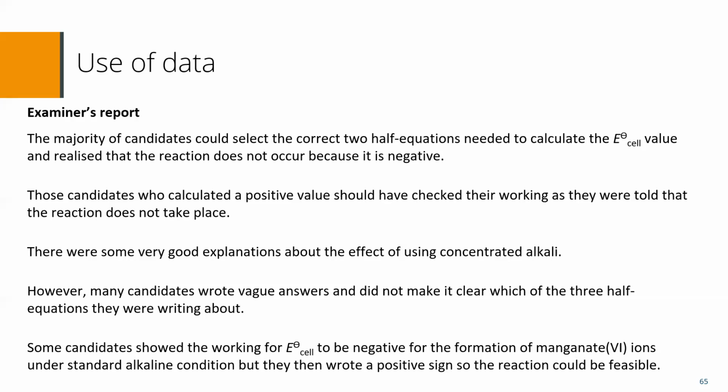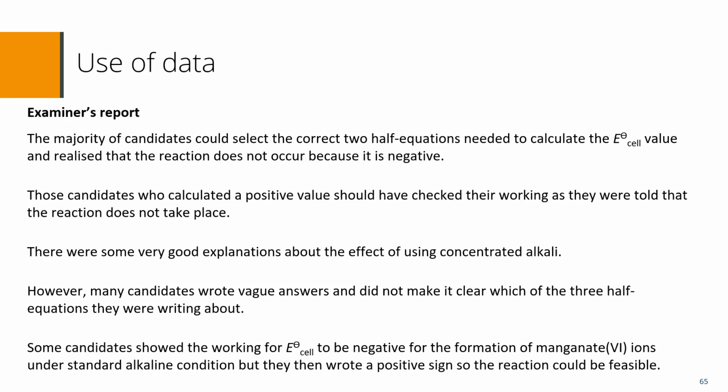Those candidates who calculated the positive value should have checked their working, as they were told that the reaction does not take place. I never understand why students don't do that. Don't go back and say, oh, this obviously must be wrong, so I'll go back and check it. There were some very good explanations about the effect of using concentrated alkali.